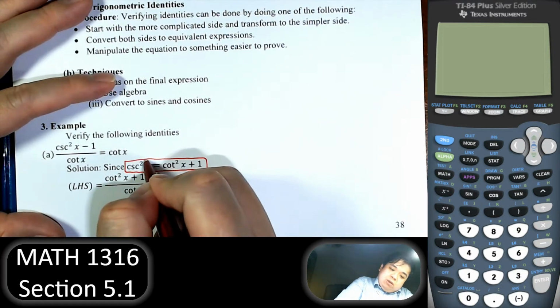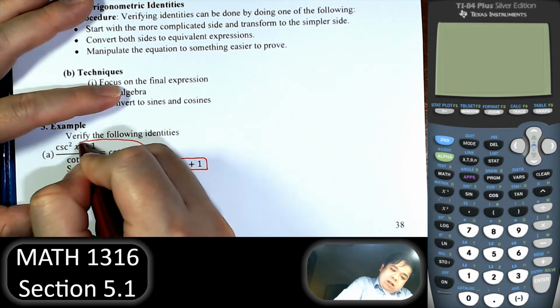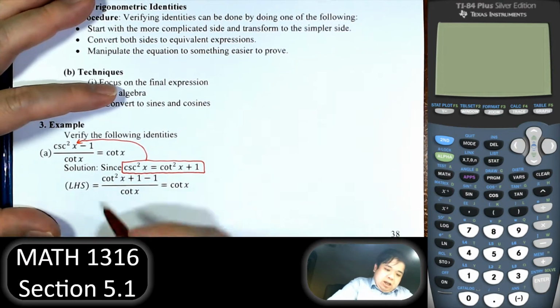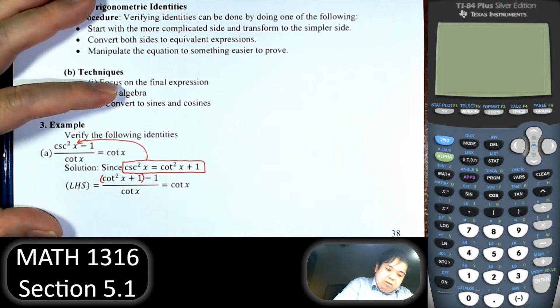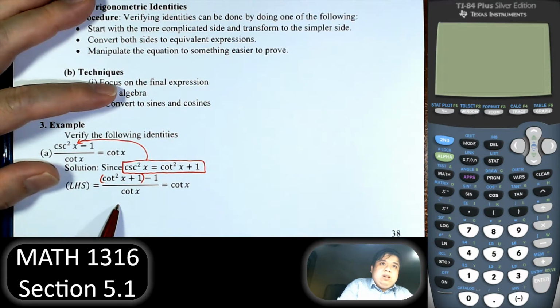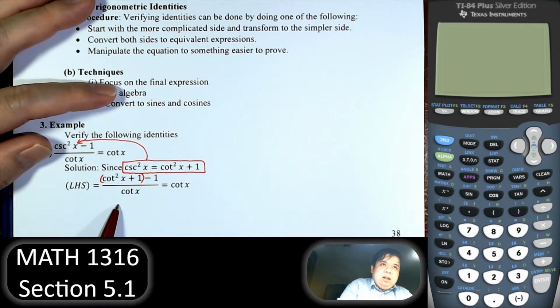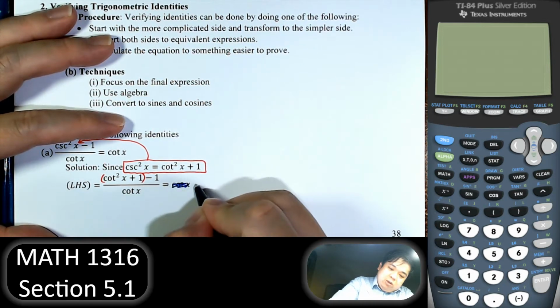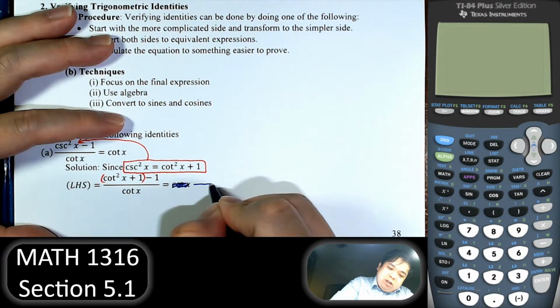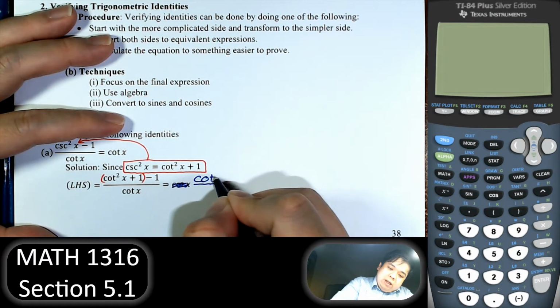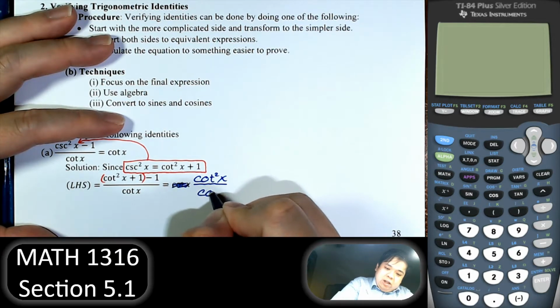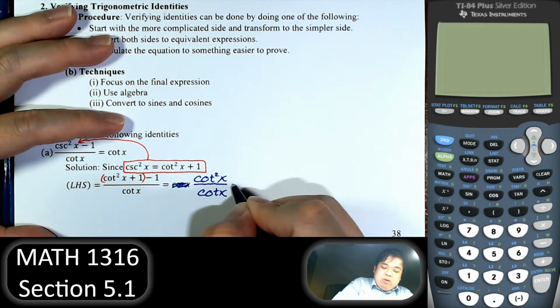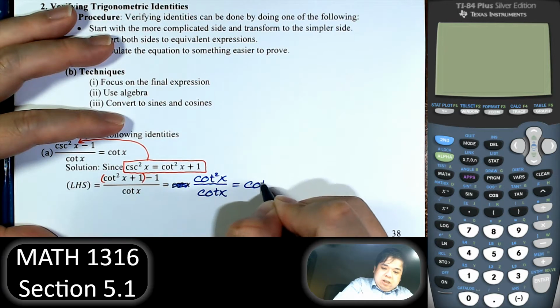If we substitute that in here, that gives us cotangent squared x plus 1 minus 1 over cotangent x. The 1 minus 1 cancels out, we have cotangent squared over cotangent, and that cancels to equal cotangent of x.